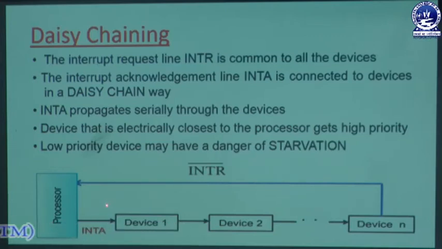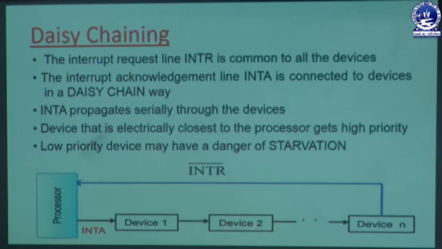And if device 1 doesn't have any interrupt to give to the processor, then device 1 forwards this interrupt acknowledgement signal to device 2.